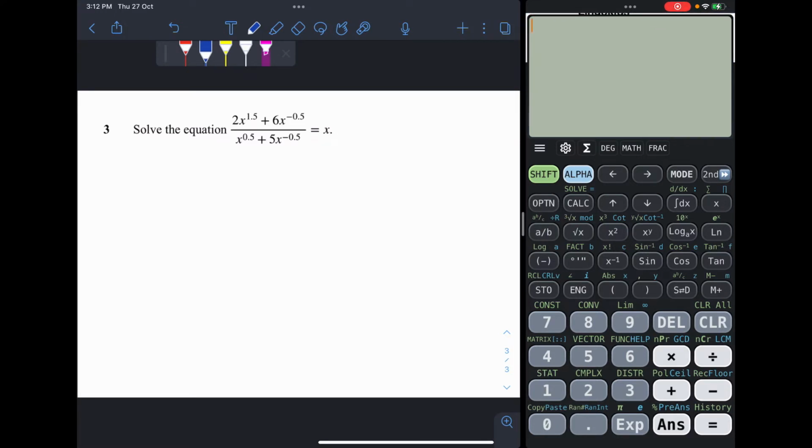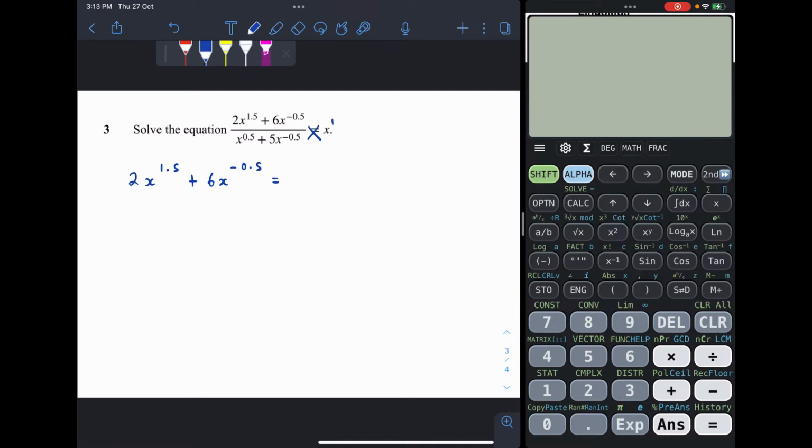So the first thing I want to do is write the power of 1 up here next to the x. It's invisible. And I'm going to cross multiply. So 2x^1.5 plus 6x^-0.5, sorry, not over, equals, because we've cross multiplied.